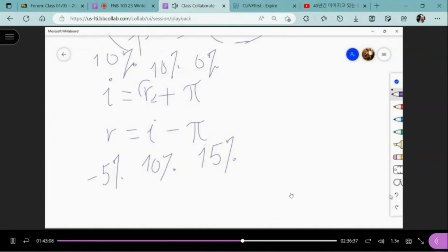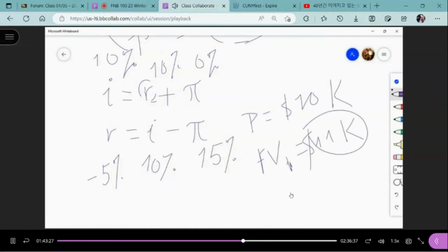So if your principal is again 10K, one year later it will be 11K. This is in nominal dollars, nominally. But can you buy as much as what 11K could buy a year ago? No. Why? Because inflation was 15%.